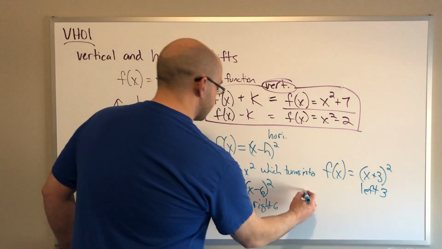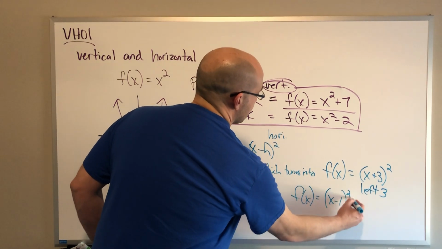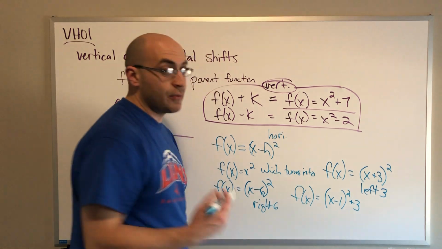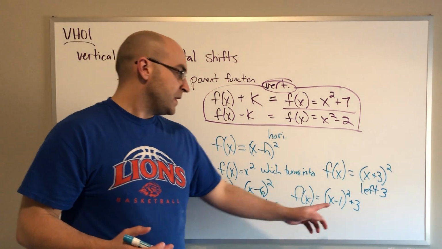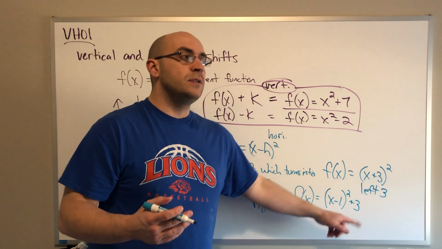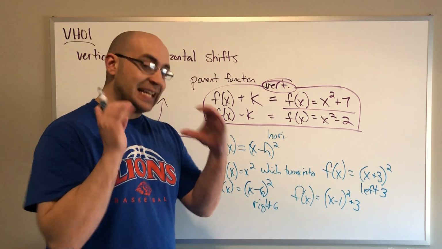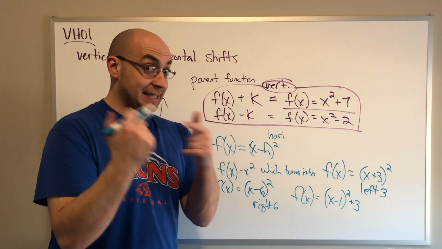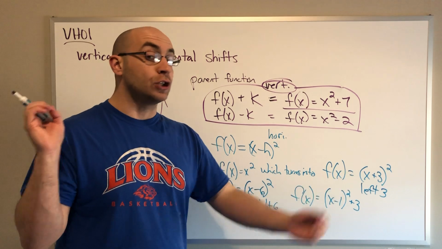We'll do 1 more. f of x equals the quantity of x minus 1 squared plus 3. So now I'm throwing both of them in there. Let me back up a second. If everything that's inside parentheses is a liar, it's the opposite of what you think, everything on the outside of the parentheses are truth tellers.